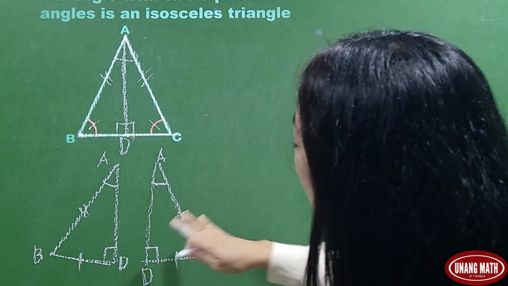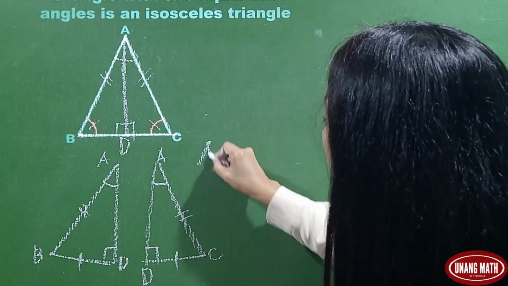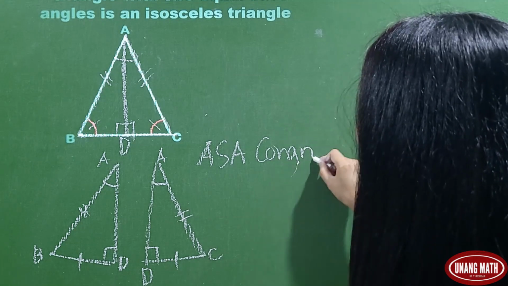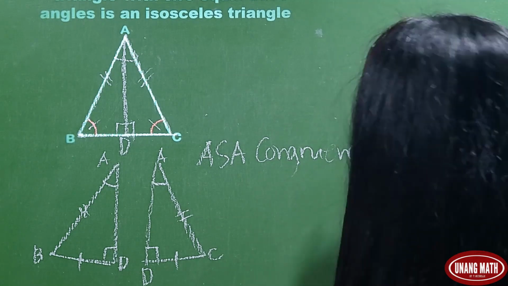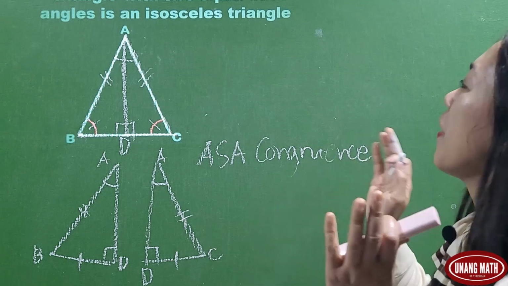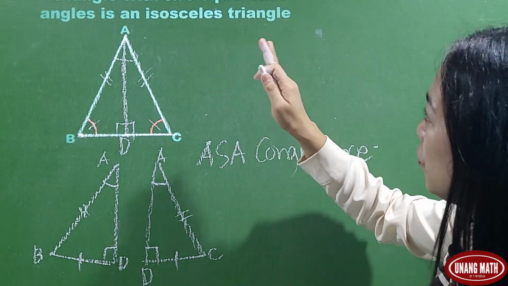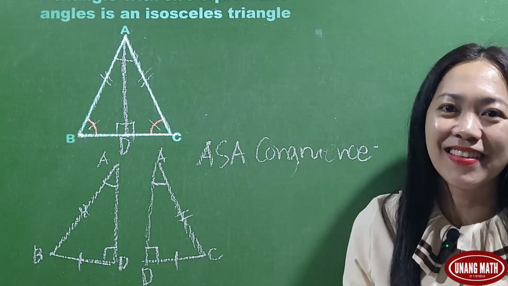If you take a look at this one, this is ASA congruence. So you can say that an isosceles triangle is a triangle with two equal base angles.